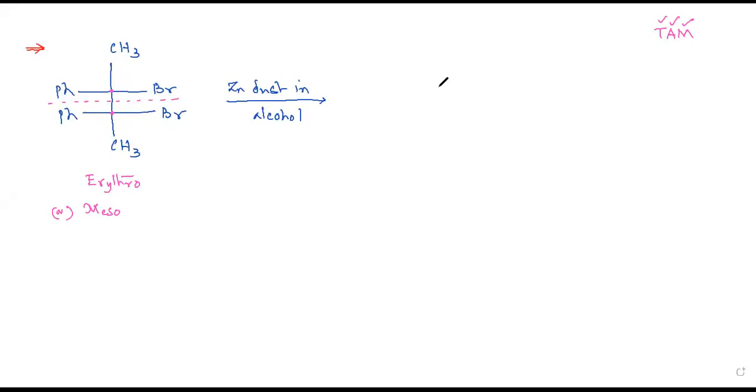You can actually go with the Newman projections, which I've already shown, or else, for now, let me give it this way. CH3, then PH, Br.